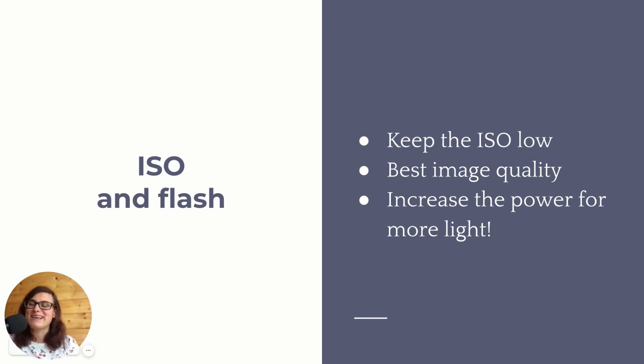Now the good news with flash: when you shoot with flash, all of the worries about noise, the worries about having to increase your ISO, almost disappear, because flash is such a fast and bright burst of light that you can keep your ISO always low. You can always keep your ISO at the basic value, either 100 or 200, depending on your camera, and that will make sure that you have the optimal image quality.